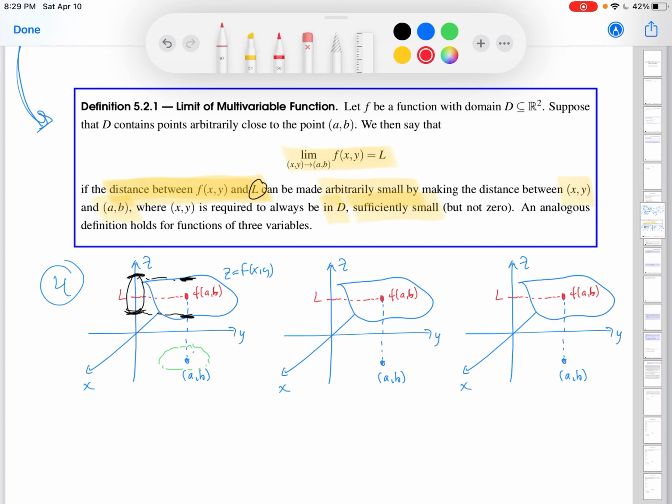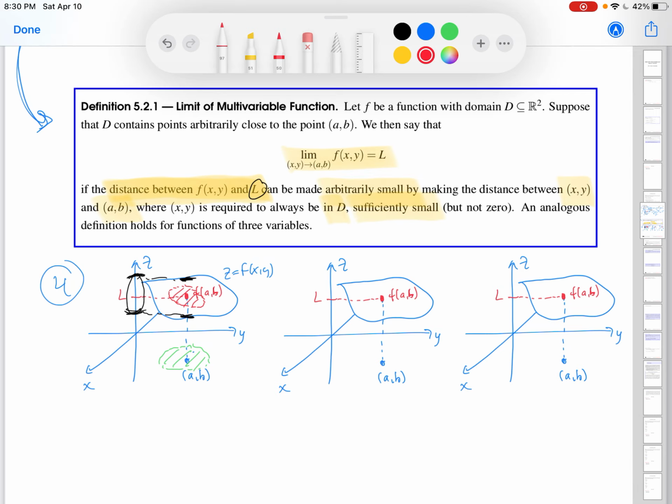That disk maps to a region over here, which might not be a disk anymore, on the surface z equals f of (x, y). Every single point on this disk is close to (a, b), and all those points, at least as I've drawn them, are mapping to somewhere close to f of (a, b), which I'm taking to be L.